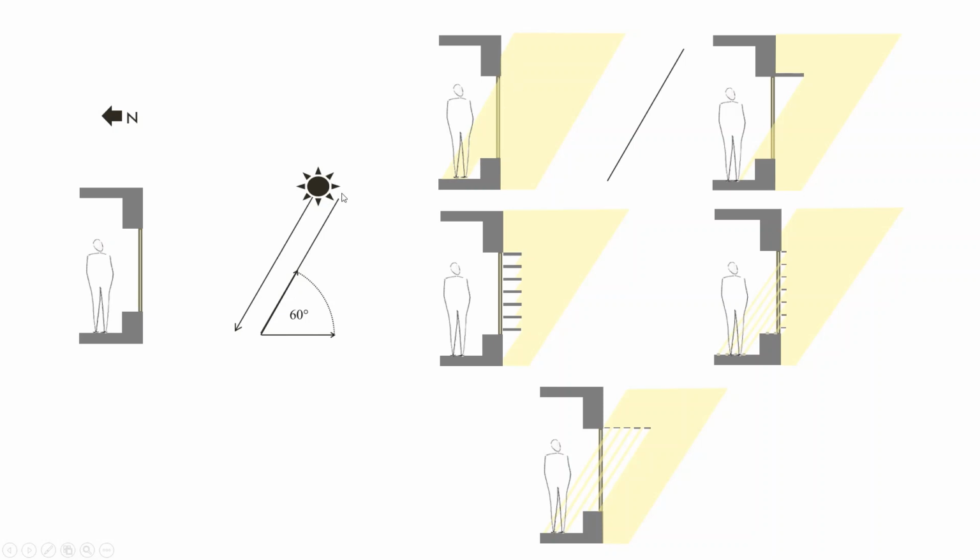This is the summer solstice, so it's roughly 60 degrees from the ground. You can see all the sun rays are parallel, and the sun doesn't go through walls. So you can see here we have quite a lot of sun entering this space, and a shading device like louvers or a horizontal overhang here can help reduce how much sun comes through the window.